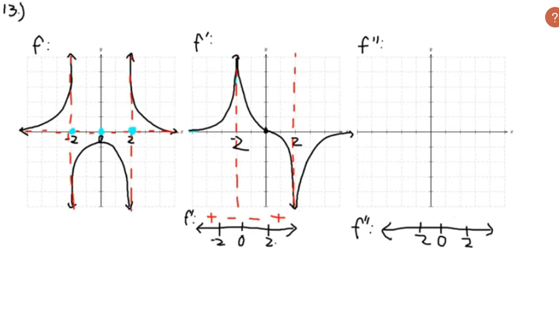As you can see from this graph, from -infinity to -2, it is positive. And from -2 to 0, it is also positive. And from 0 to 2, it is negative. And from 2 to infinity, it is also negative. It will also decrease.